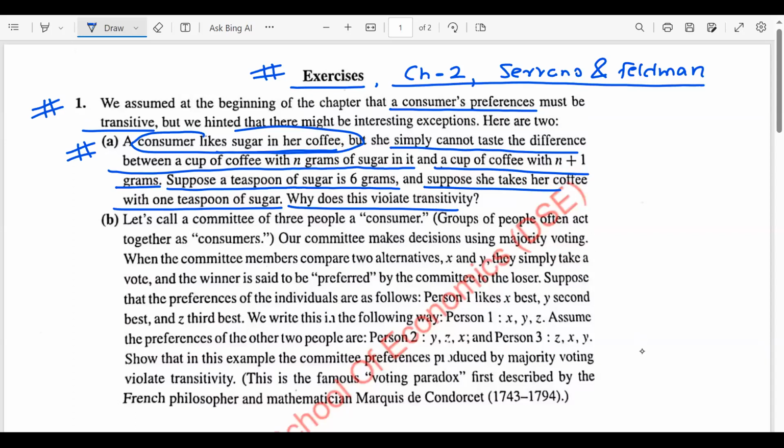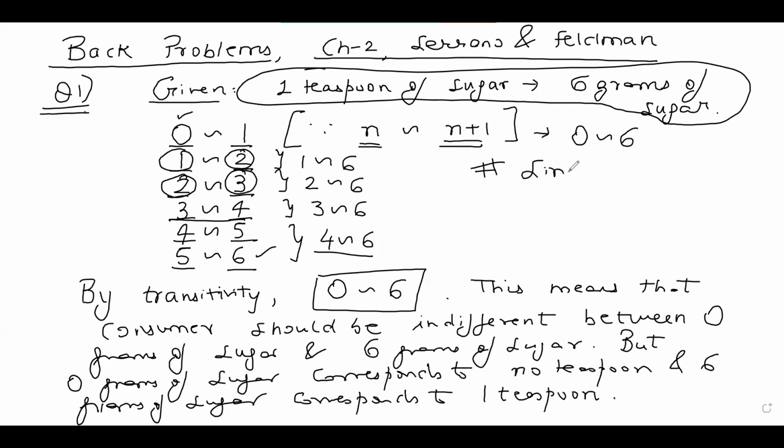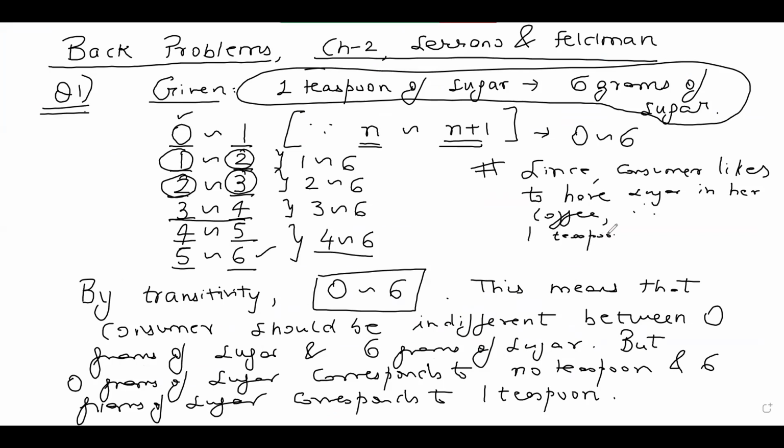So I can write, since the consumer likes to have sugar in her coffee, therefore, for this consumer, 1 teaspoon of sugar gives her more satisfaction or more utility than 0 teaspoons of sugar. 1 teaspoon of sugar contains 6 grams. It should give more satisfaction than 0 teaspoon of sugar, which contains 0 grams.